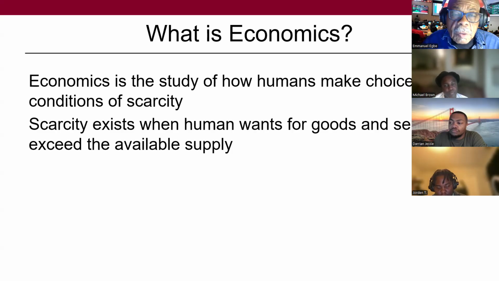Our utility functions are such that we have what we call local non-satiability, which simply, in simple terms, means that the more you have, the more you want. And so you will never be able to satisfy all your needs and all your wants.